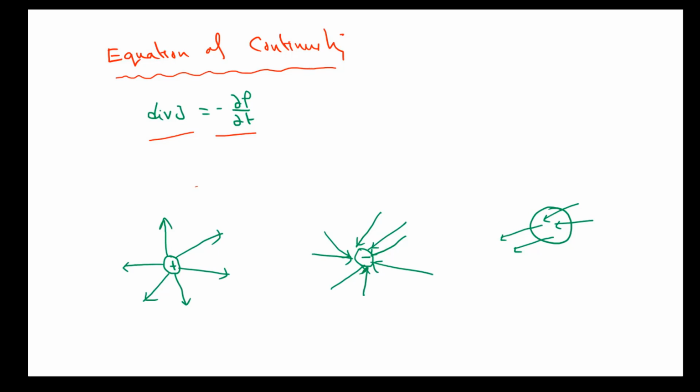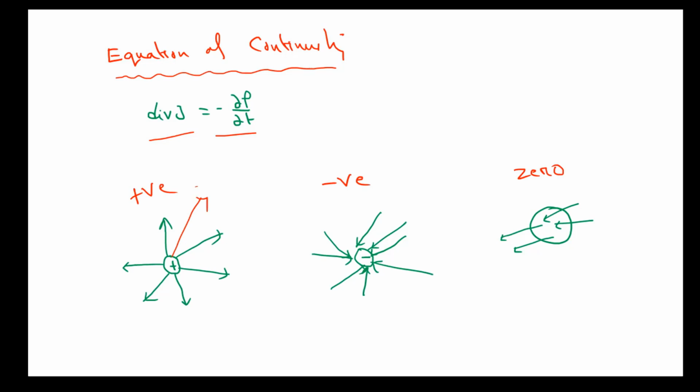Already we discussed in my divergence chapter that there are three types of divergence: one is positive, one is negative, and another is zero. Positive means the flux is in the outwards direction.